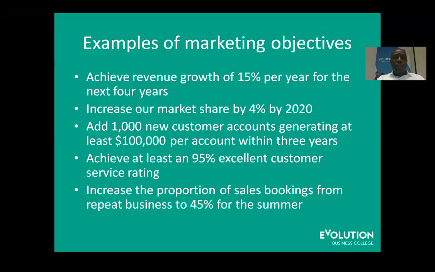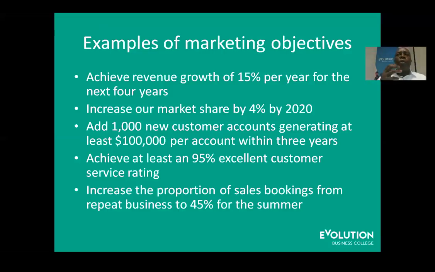Or it could be to add 1,000 new customer accounts, generating at least 100,000, not just any customer account, but this is how much you want to generate within 3 years, or to achieve at least 95% excellent customer service. Your customer service department might have a marketing objective, saying, we want to achieve 95%.